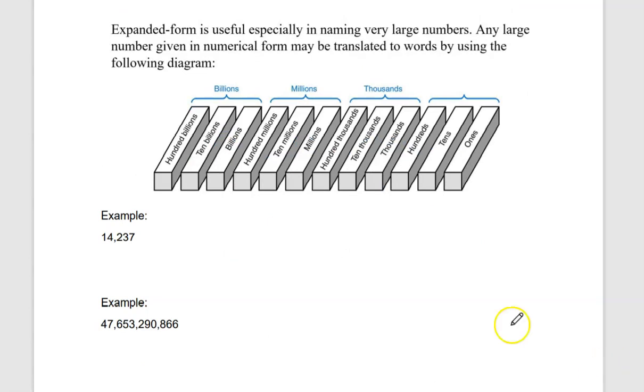Okay, so if I want to read this number, we go up here and we start backwards. So I've got 7, 3, 2, 4, 1.